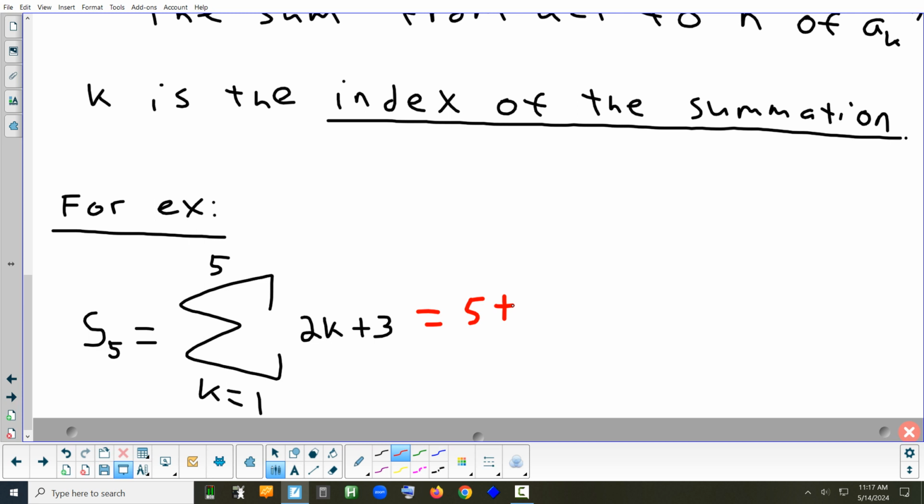And that would give me 7. Next value? 3. And that gives me 9. Next value? 4, and that gives me 11. Next value? 5. And that gives me 13. What's the next value? We stop there. We're done. We don't go past 5.